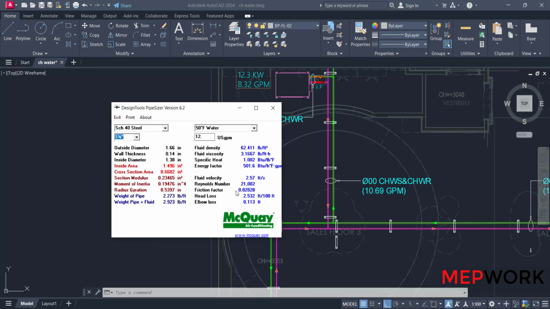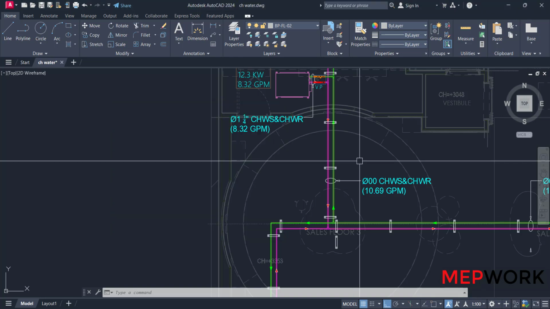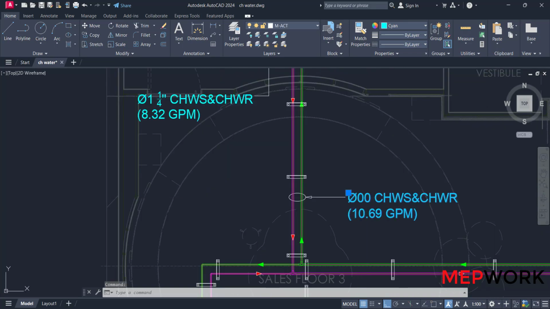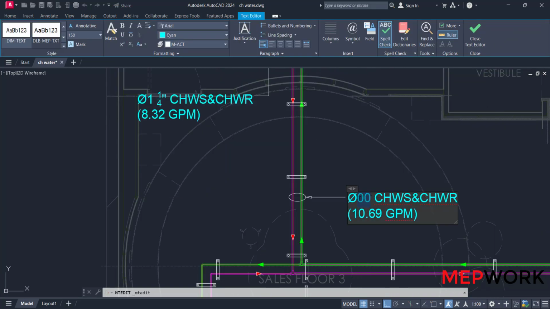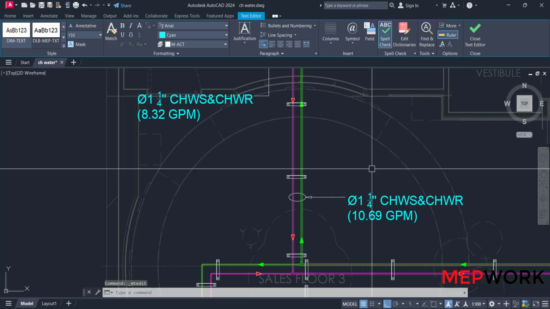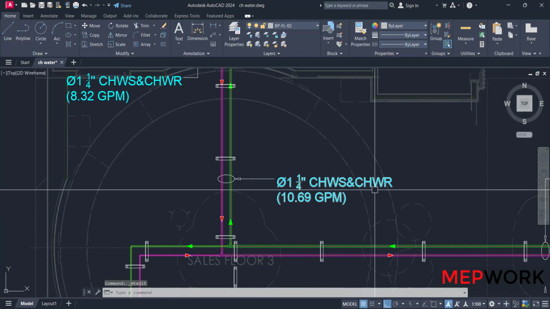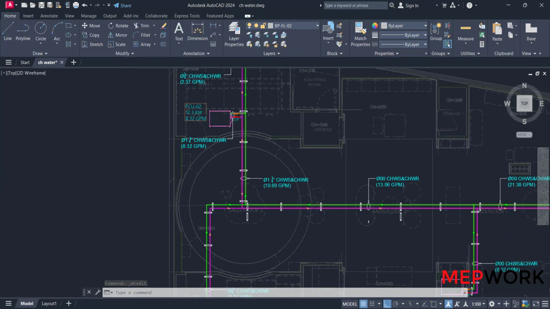This size also will be 1¼ inches, as it is less than 12 GPM. So this also will be 1¼ inches, chilled water supply and chilled water return.